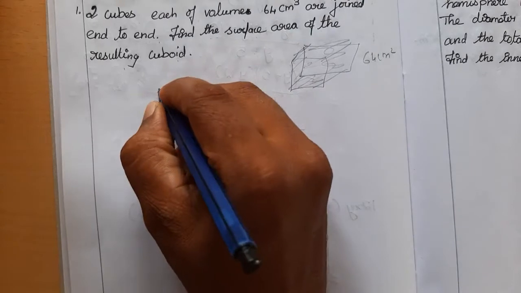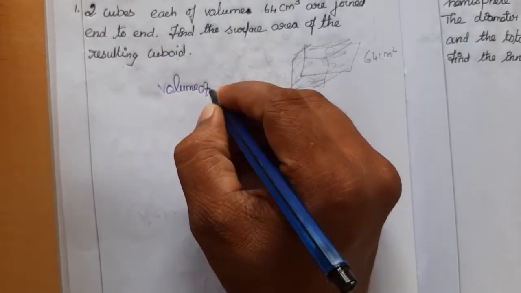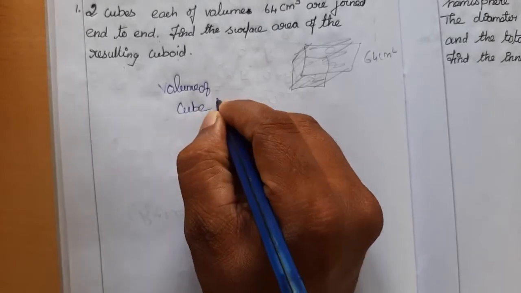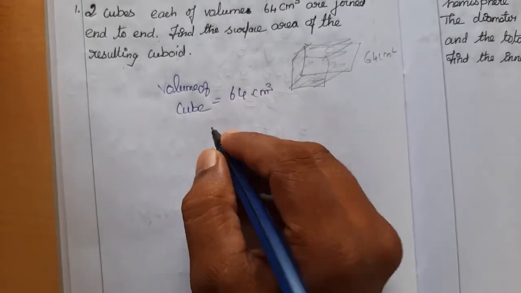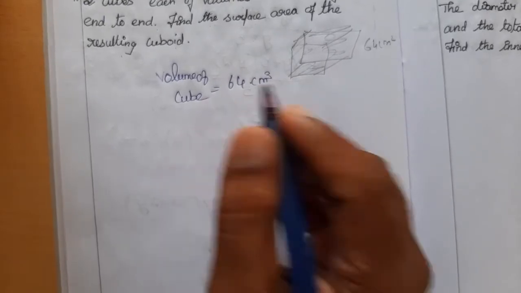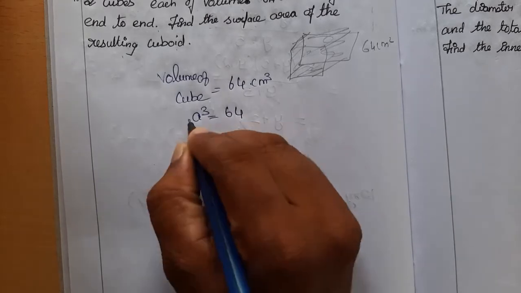Given that the volume of the cube is equal to 64 centimeter cube for each cube. What is the volume of the cube formula? It's a cube, right? A cube is equal to 64.